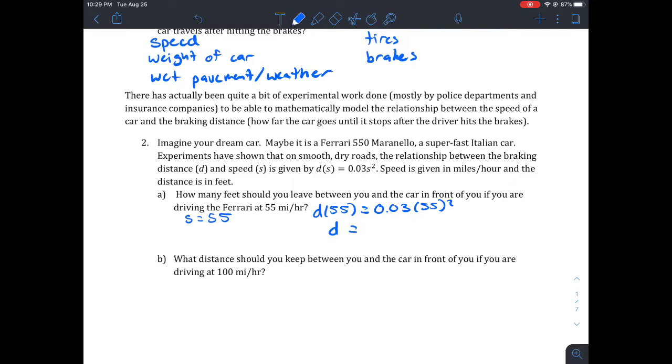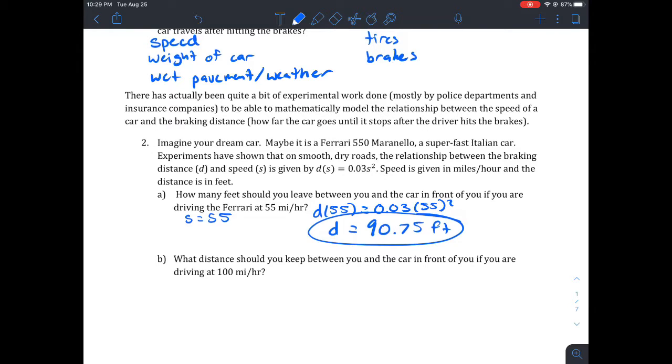So actually take a second, make sure you can plug this into your calculator, especially as we go through these videos. I really hope that you do follow along and make sure you are plugging these things in correctly and that you can calculate them yourselves. So when you plug this in, you should get 90.75 feet. All right, so if you're going 55 miles an hour, it's going to take you 90.75 feet to stop.